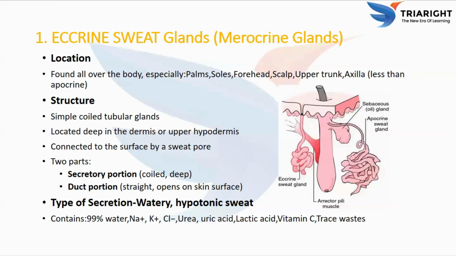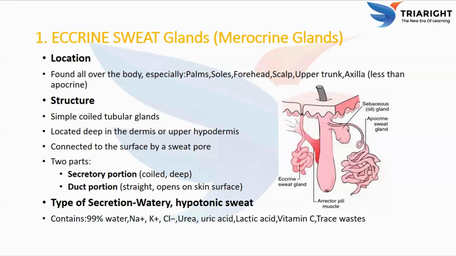What are the two main parts? The secretory portion and the duct portion. The secretory portion is located deep in the dermis, whereas the duct portion runs straight and reaches the surface. The secretory portion produces the sweat, and the duct portion carries the sweat. These are the functions of both portions.